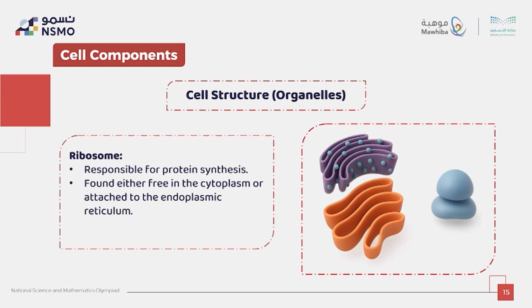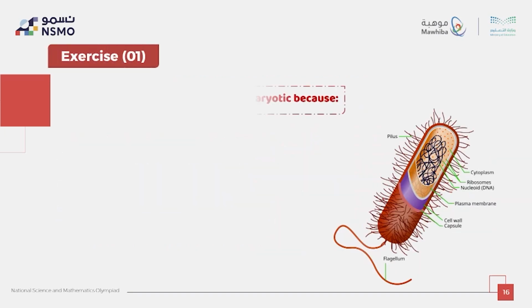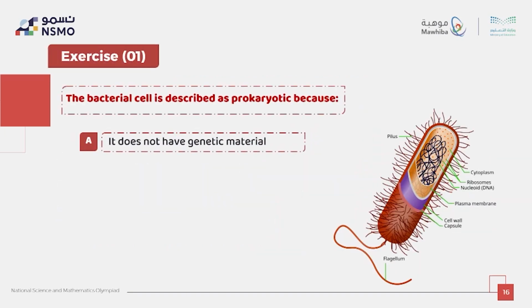It will be free in the cytoplasm, here, free, or attached to the rough endoplasmic reticulum. Every living cell, and be sure, contains ribosomes because protein production is vital for life. Don't forget.